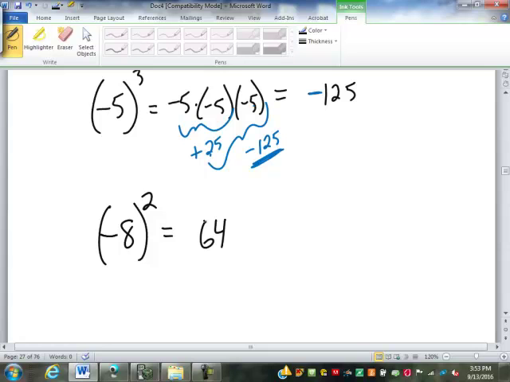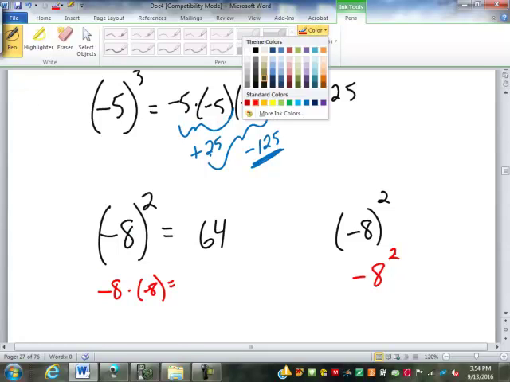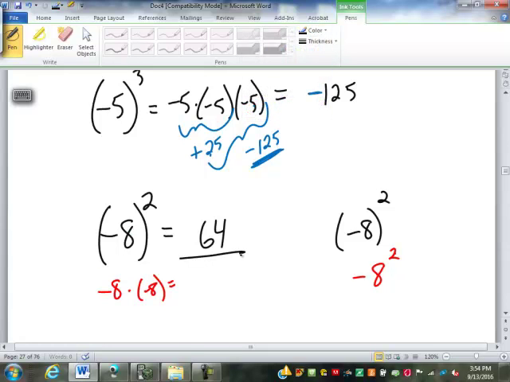The reason why it does that is you have to have the parentheses around it. Otherwise, your calculator is using the order of operations. If you just do negative 8 squared like this, it is squaring the 8 first and then applying the negative. But if you think about it, negative 8 squared is negative 8 times negative 8. Anything times itself has to be positive. Negative times a negative is positive. So whenever you square something, make sure you get a positive result.